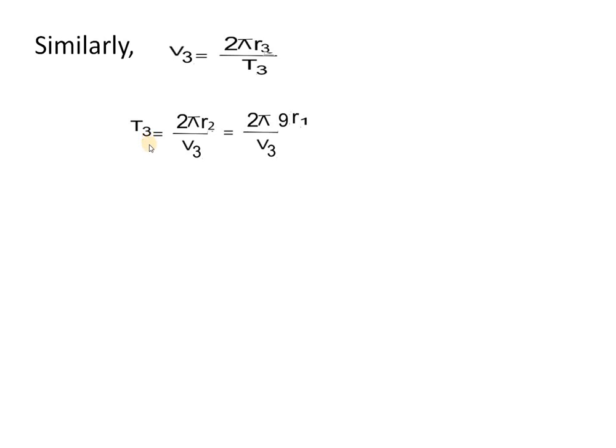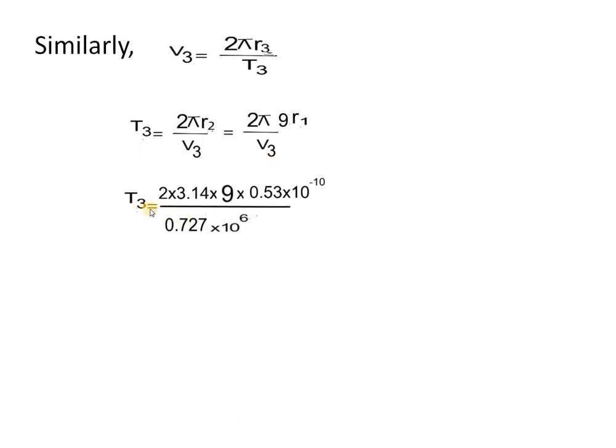The orbital period in n is equal to 3 level, T3 equal to 2 pi R3 divided by V3. 2 pi R3 is nothing but 9 R1, because we know R1 is to R2 is to R3 is 1 is to 4 is to 9. So 2 pi into 9 R1 divided by V3.